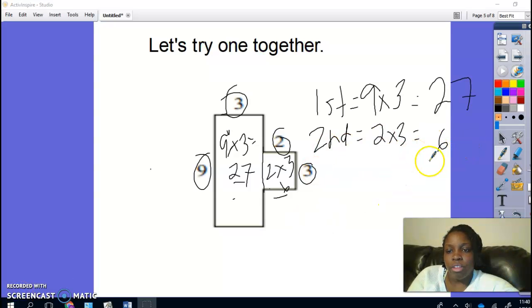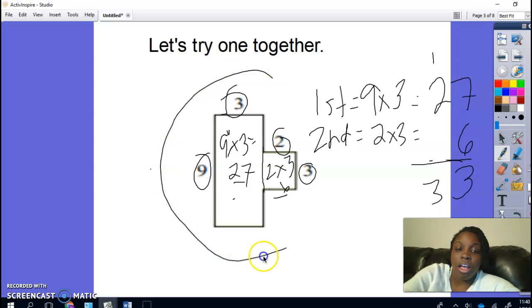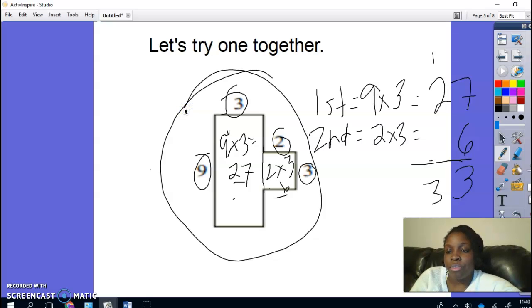I want to add these two together, 27 and 6. As you can see, my 6 is in the wrong place. So I need to put my 6 in the ones place. So when I add up 27 and 6, 7 plus 6 is 13. So I know I have 33 as my answer. So 33 is my final answer for finding the area of this entire rectilinear figure.